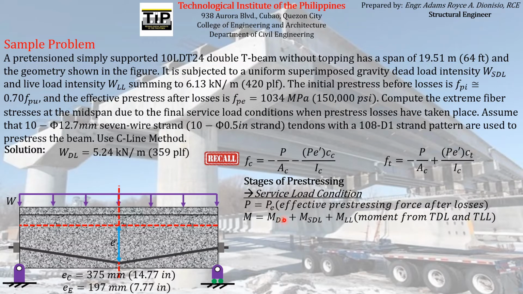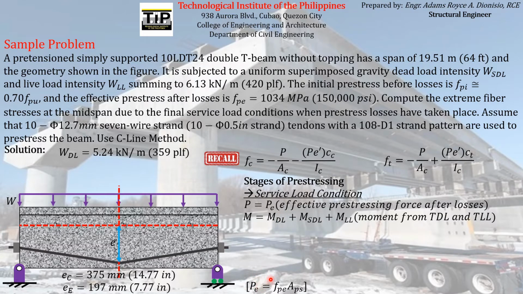And if you can remember, in strength of materials or mechanics of deformable bodies, the relationship of stress, force, and area is that stress is equal to force over area, or expressed in terms of force, force is equal to stress times cross-sectional area. So we can use that formula to find the effective pre-stressing force.